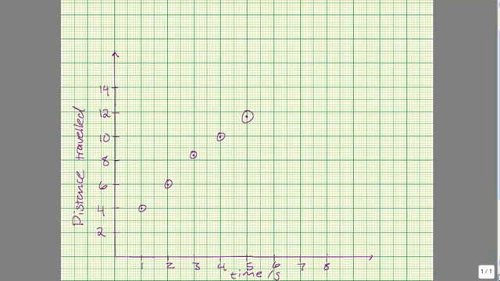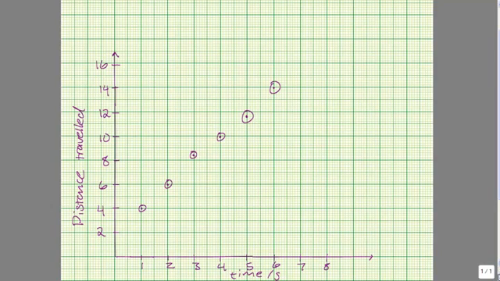And for our last point, y is equal to 14 meters, and x is 6 seconds. That point falls right here. Your graph is expected to cover more than half of the space you're provided with, so please ensure that you use up as much of the usable space on the graph as you can.